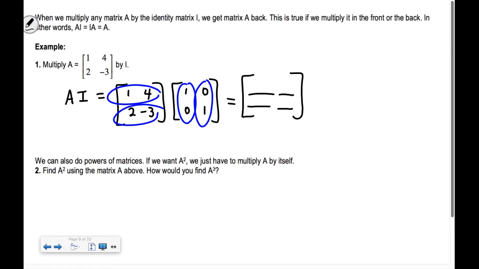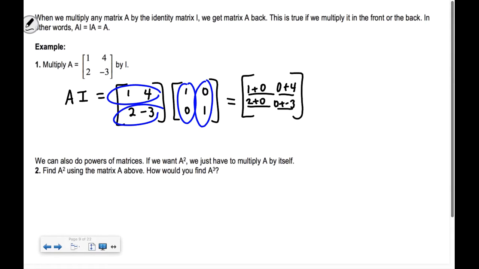So we do 1 plus 0 goes right here, then 0 plus 4 goes here, then 2 plus 0 goes here, and 0 plus negative 3 goes here.